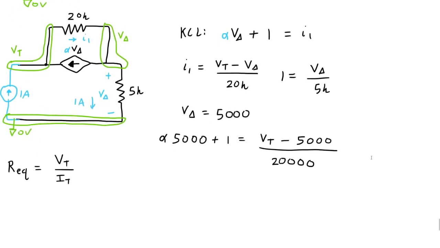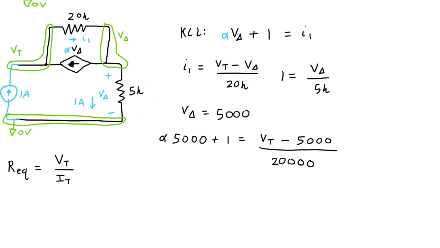So now we have to find sort of like a Thevenin equivalent, if you want to call it that, for the circuit. To do that, I went ahead and put in a test source. I chose a 1 amp test source because it just made the numbers a little bit easier. So if we have the 1 amp test source right here, that means that the current through this resistor is 1 amp.